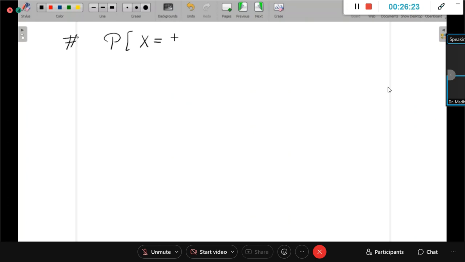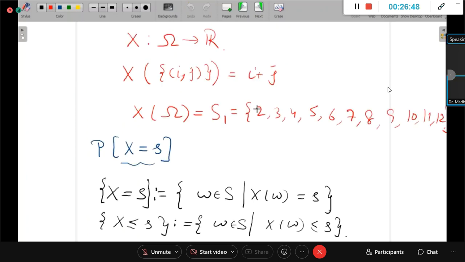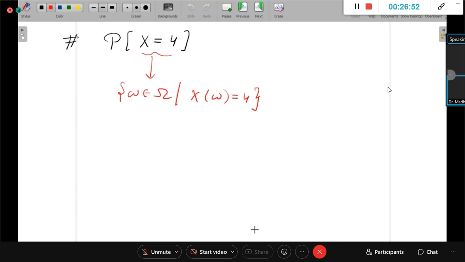How? Let's take the probability of X equals to, I'm randomly choosing, 4. This is an event, a set of outcomes w in omega such that X of w is equal to 4.